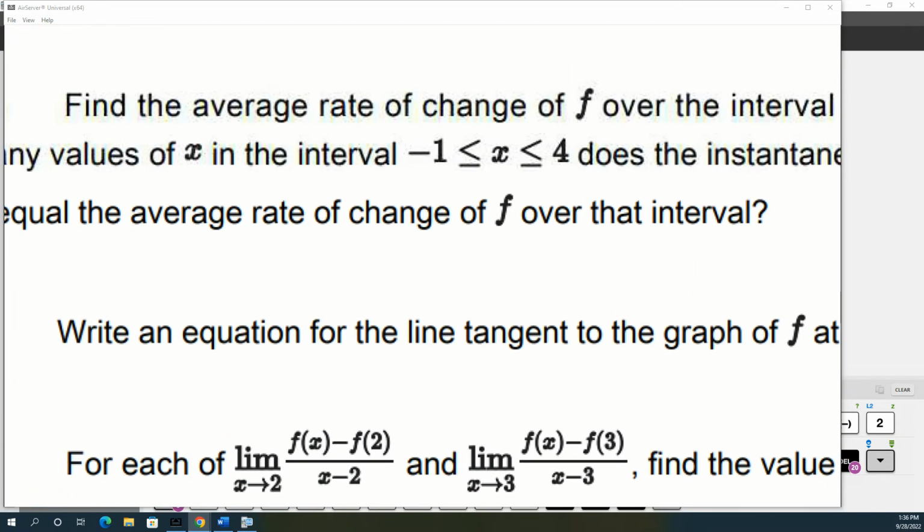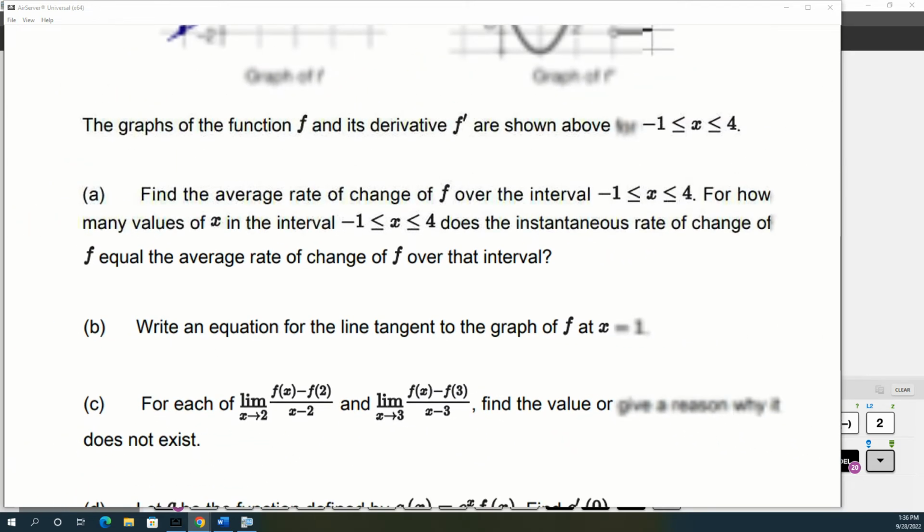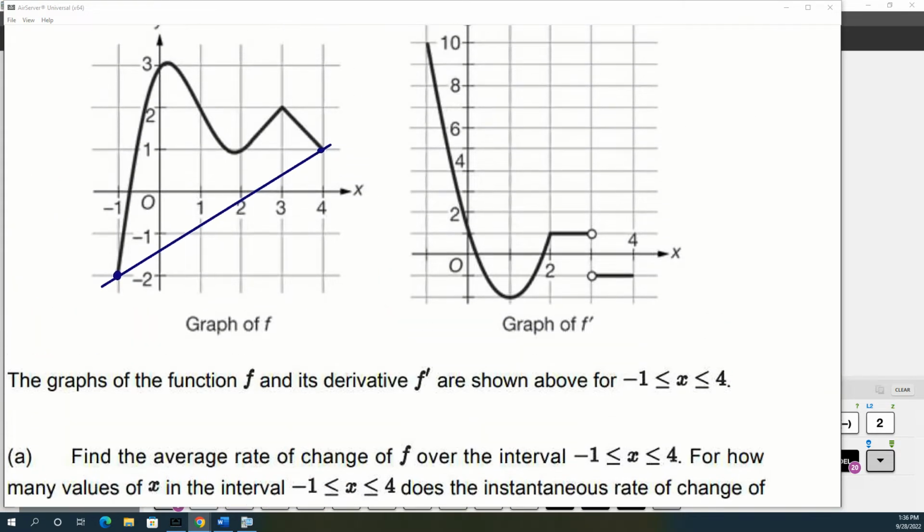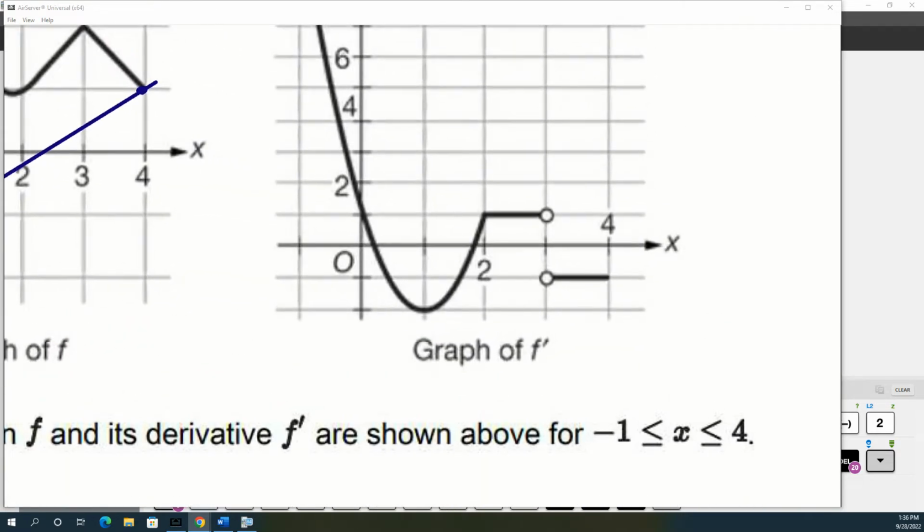So the other question is, for how many values of x in that same interval does the instantaneous rate of change equal the average rate of change? So this f prime of x, that is the same as the instantaneous rate of change.